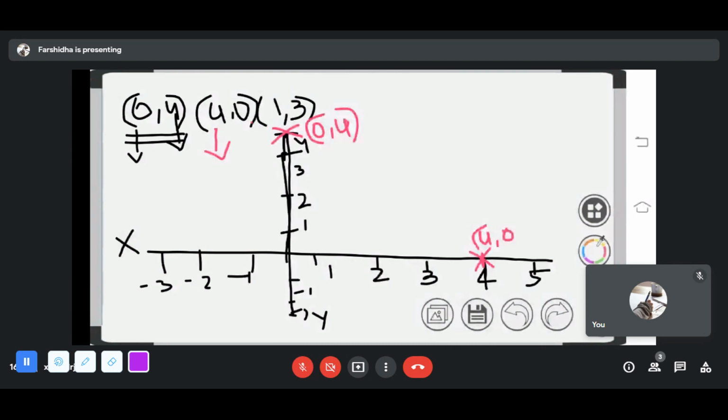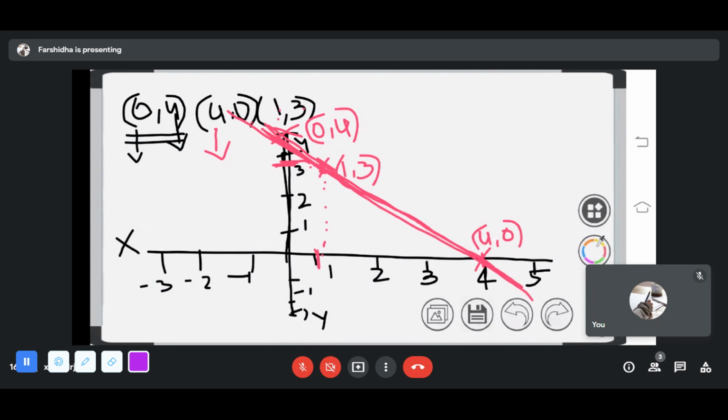Next one is (1, 3). 1 represents the x-axis, so 1 on the x-axis, 3 on the y-axis. This is your third point, (1, 3). Now you can join the points, so you'll get a straight line.